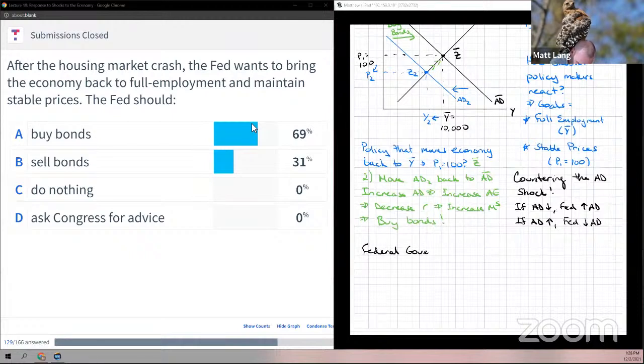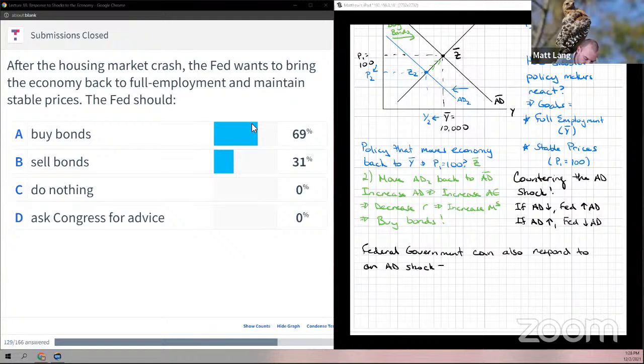We could also say that the federal government can also respond to an AD shock, right? And they can counter the shocks in the same way, with different tools. So what are those tools? We know those tools, right?